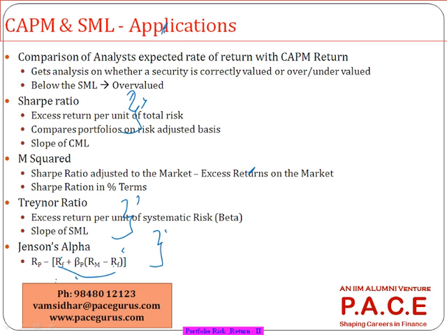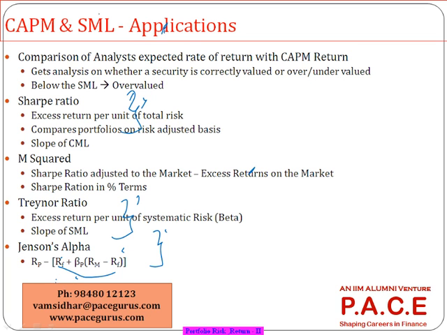The actual return minus expected return. RP is the actual portfolio return minus what is expected based on the risk return profile. If that is positive, it means our portfolio has performed well. If it is negative, the portfolio performed below the expectations. Another way of measuring the performance of the portfolio.